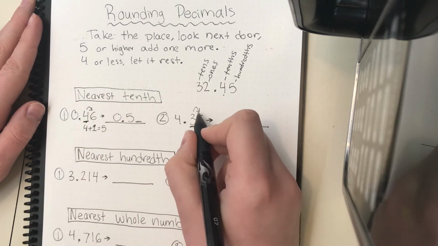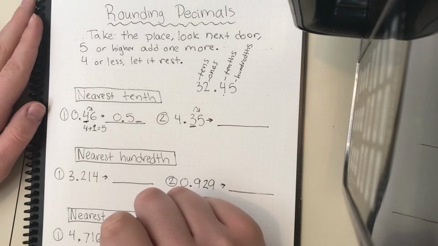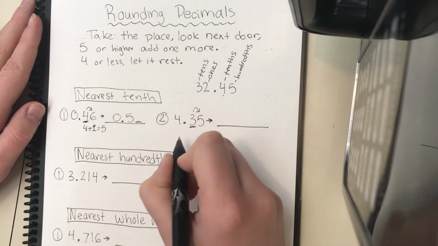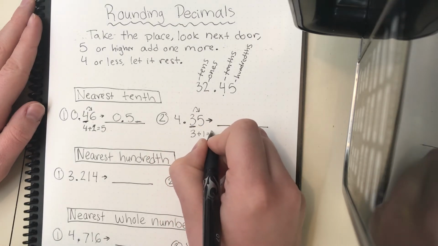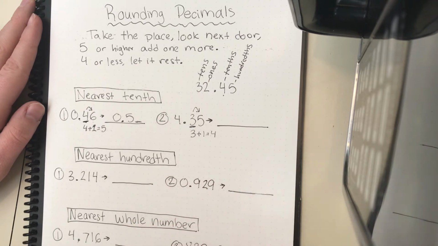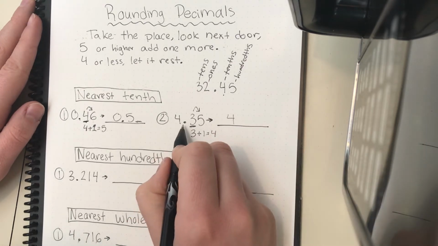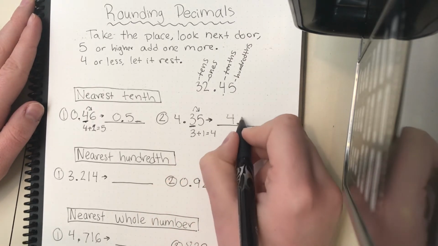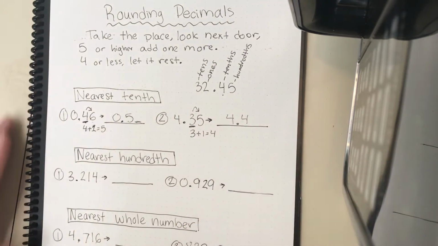That means we're going to have to add 1 more to the tenths place. We need to add 1 more to the tenths place because we're rounding to the nearest tenth. So we're going to do 3 plus 1, which is 4. So we're going to keep our 4, which was in the ones place, keep our decimal, and then after the decimal, we're going to put a 4 in the tenths place because we're rounding up to 4.